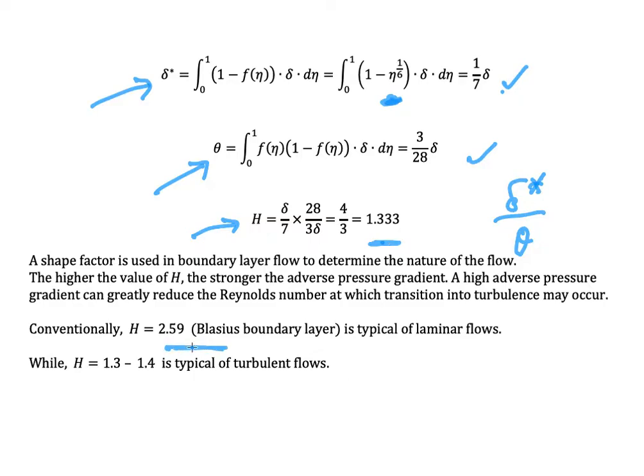Conventionally, H equal to 2.59 is typical of laminar flow, and if H equals 1.3 to 1.4, it is typical of turbulent flow. So by looking at the ratio of delta star and theta, we could predict whether the boundary layer is laminar or turbulent.